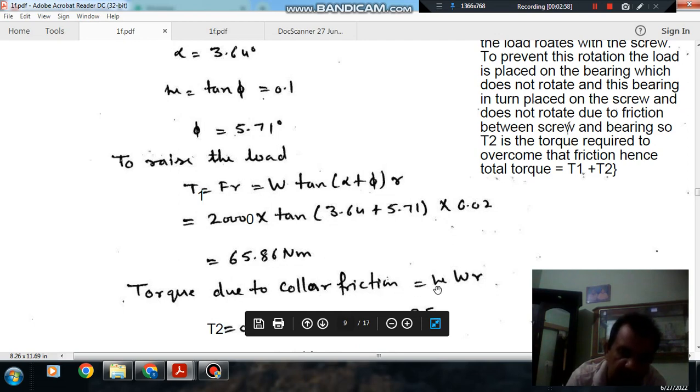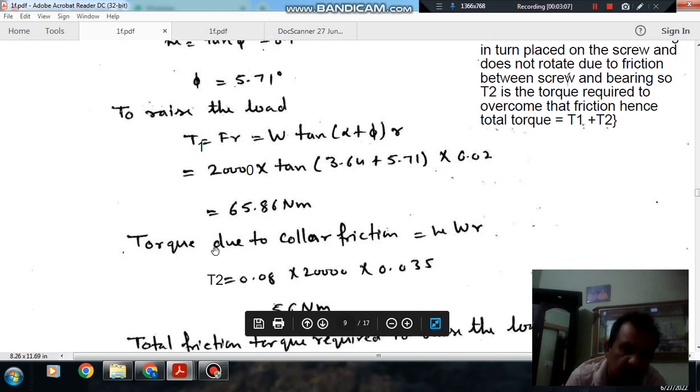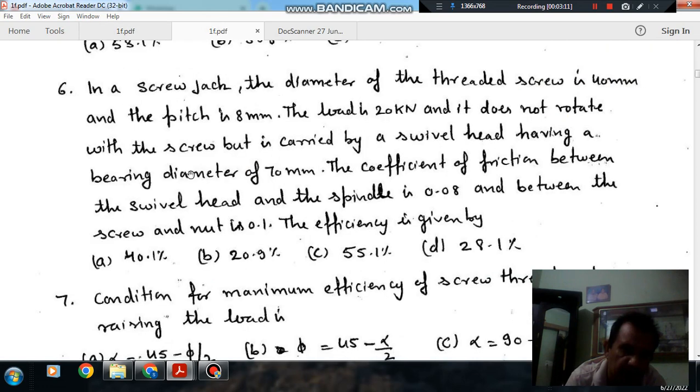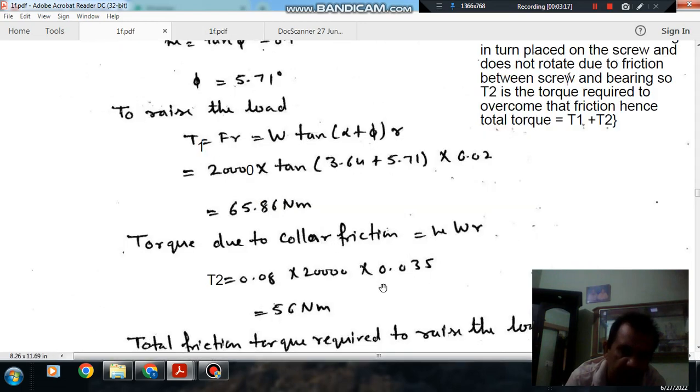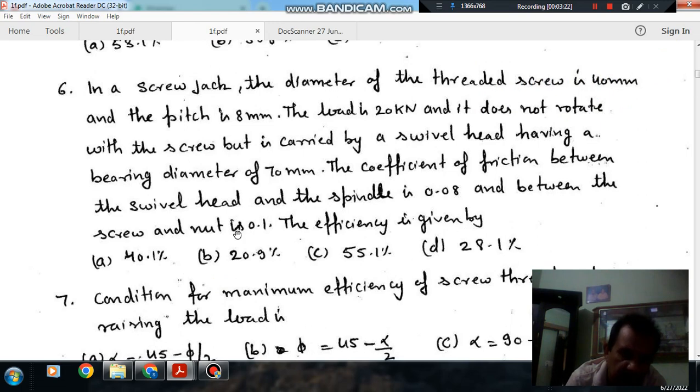That torque is given by mu W R, where mu is the coefficient of friction between the bearing and the screw, and R is the radius of the bearing. So T2: mu is 0.08, W is 20,000, and the diameter is 70 mm, so the radius is 35 mm.